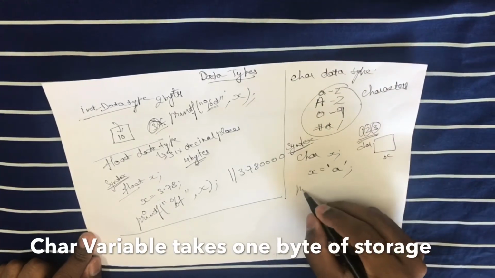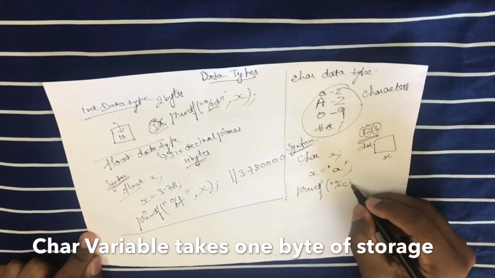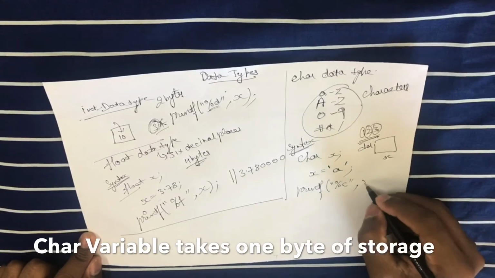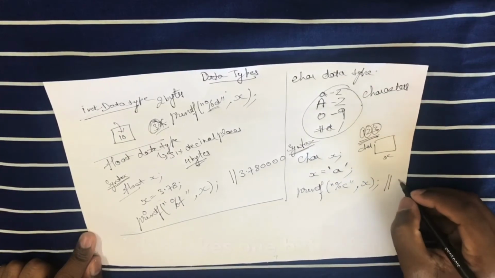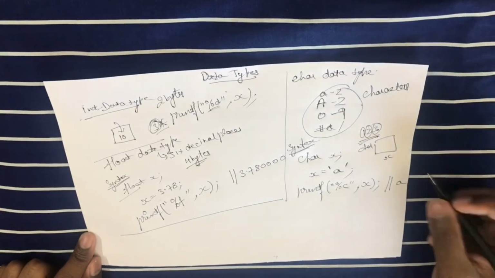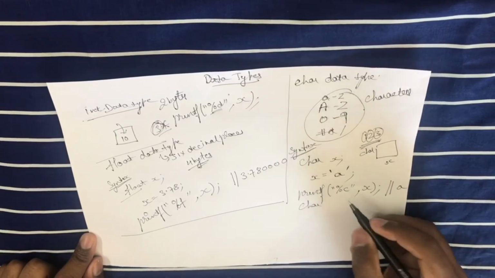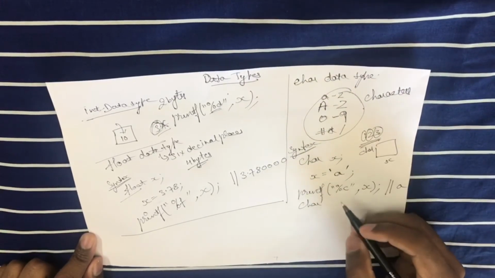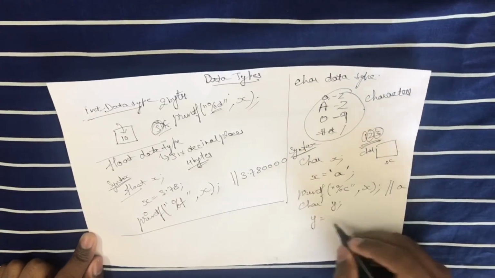For printing the character variable we would be using printf with %c, and we'll pass the variable over here. So in the output screen we would be getting A. If I need to store an integer type of data inside a variable, then I would be using y is equal to 2.